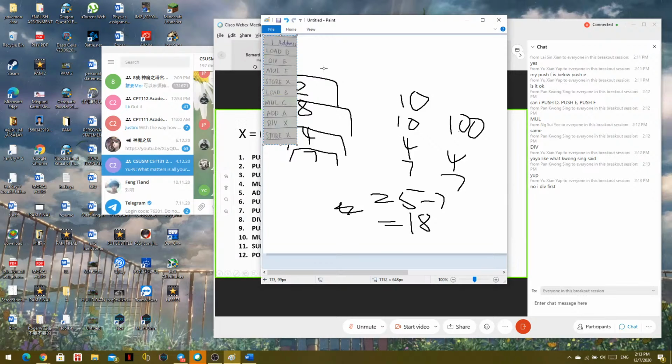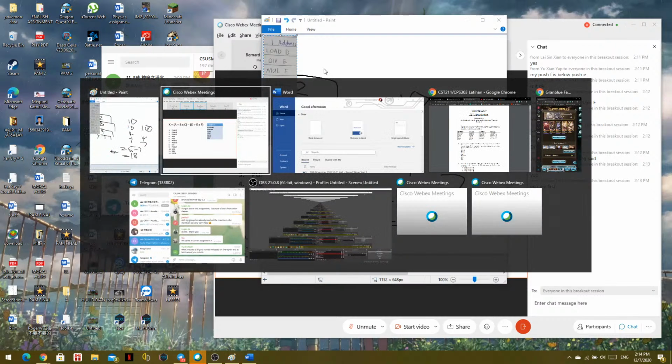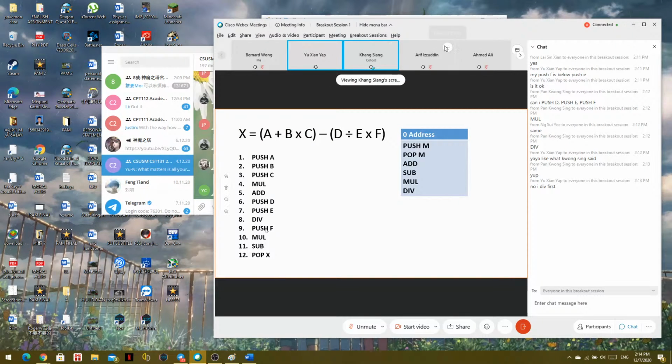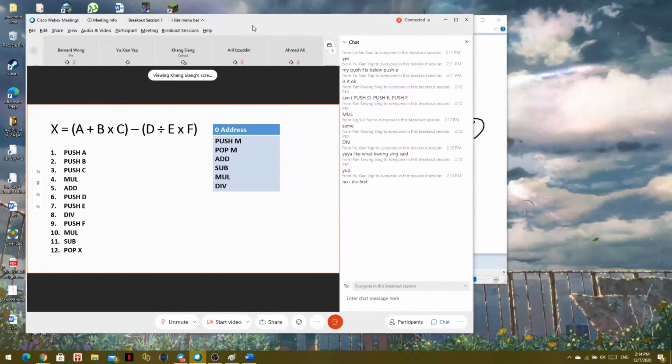Hello. My number 9 and number 8 are swapped. So you mean push D, push E, push F, then divide. So E divided by, oh no, cannot. The operation can only use the top two items.